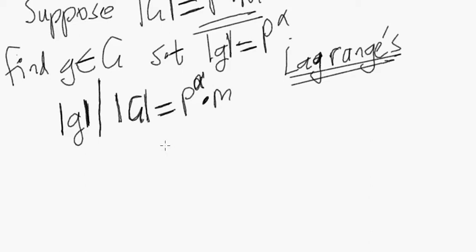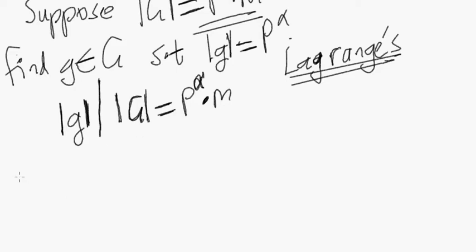How does the fact that the order of every element divides the order of the group lead us to conclude that we must have an element of order p to the alpha? Again, it doesn't seem to be clear.